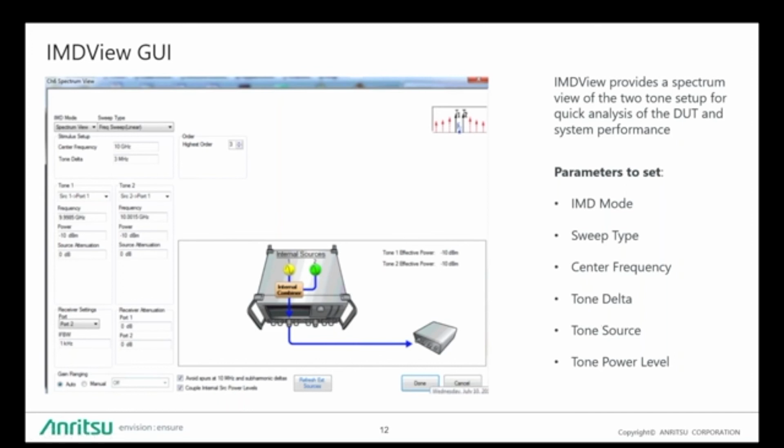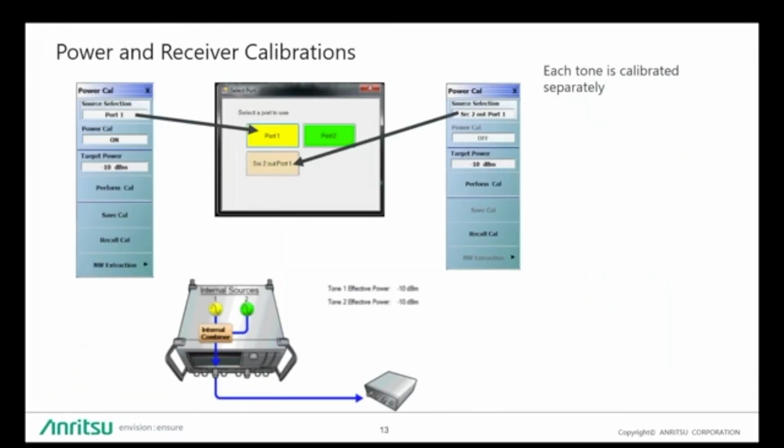And what does the software look like once all this is configured? The following slides would show that. So before we see the spectrum, as I mentioned earlier, you have to do power cal for both tones. And this is how it's done. That's the actual GUI for doing the power cal.